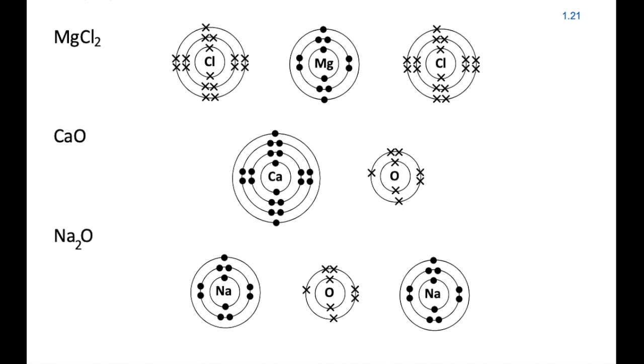The 2 electrons on the outer shell of magnesium will transfer and will be split between the 2 chlorine atoms.